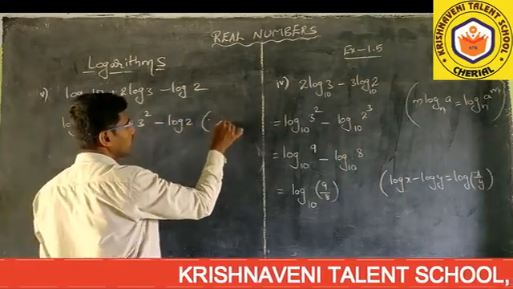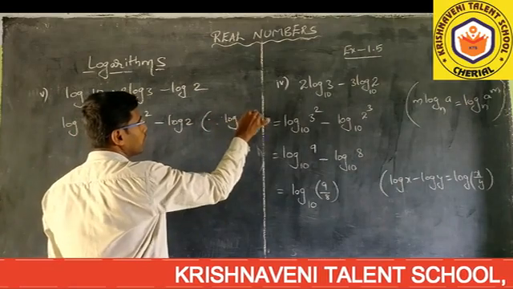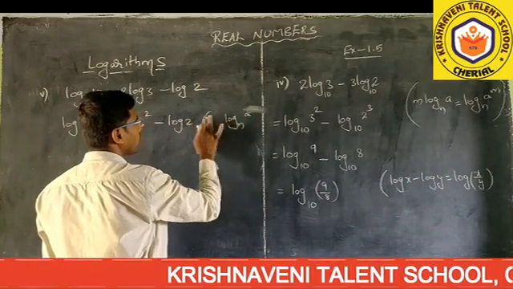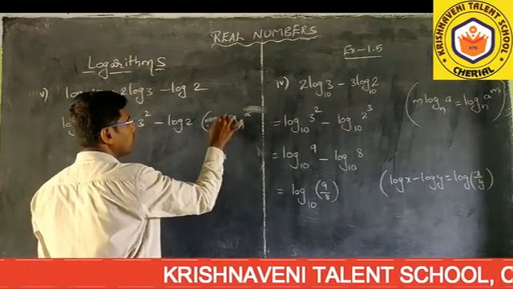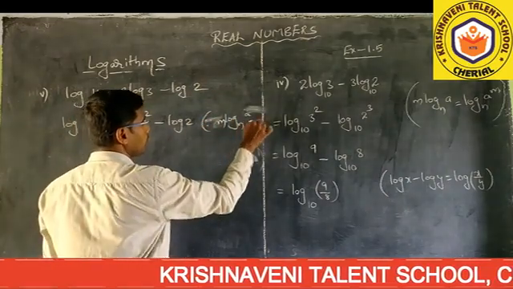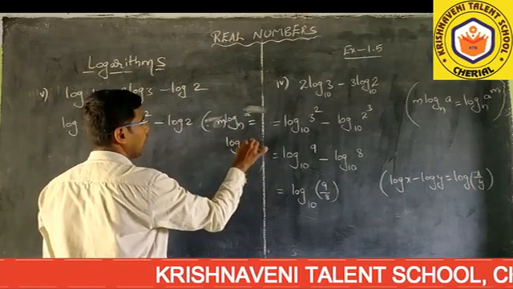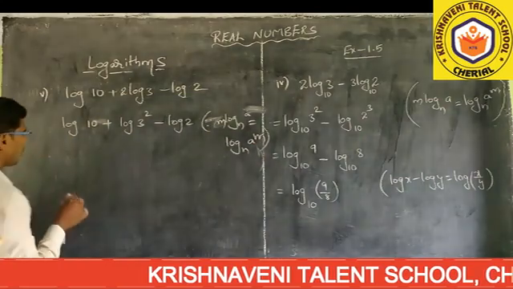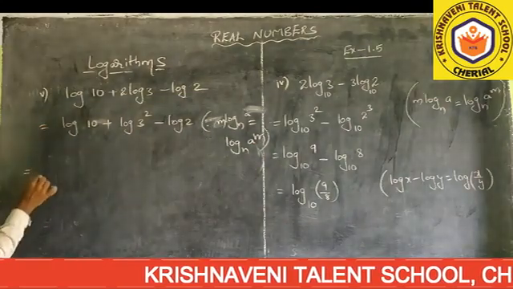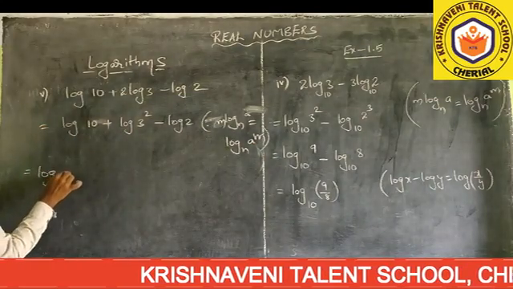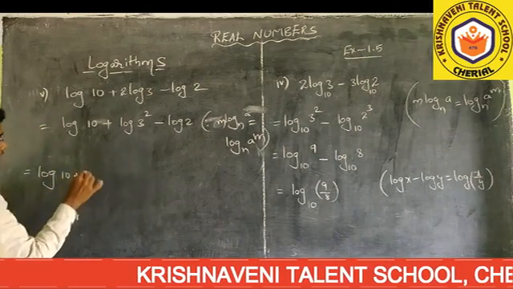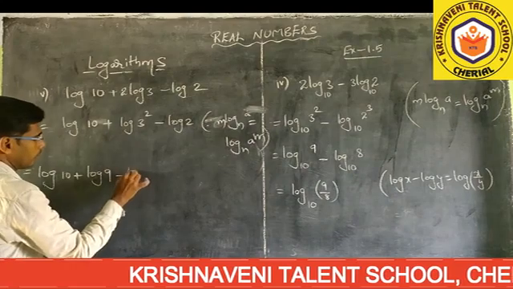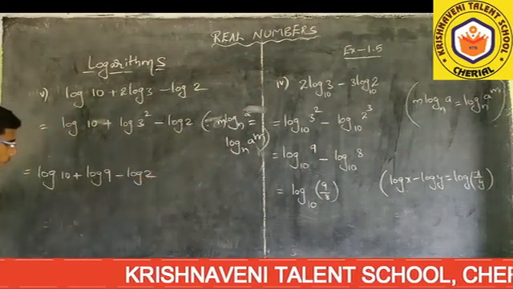What is that law? m log a to the base n equals log a to the power of m to the base n. By using the third law, it equals log 10 plus log 3 square value, which is log 9, minus log 2.